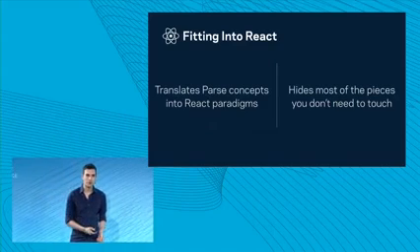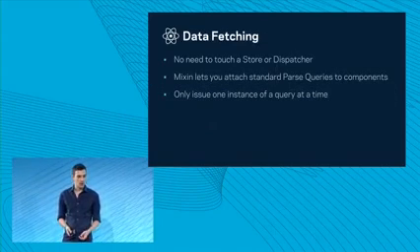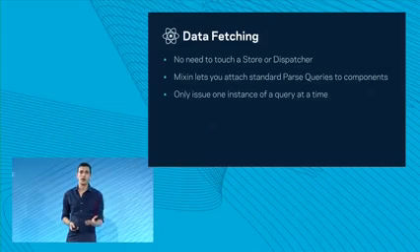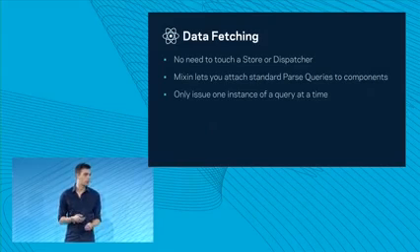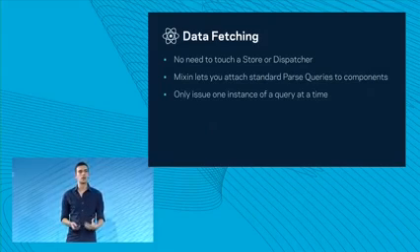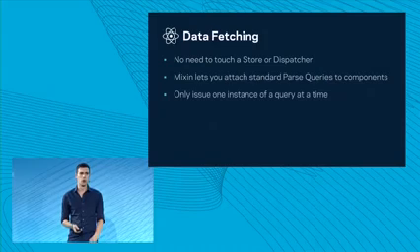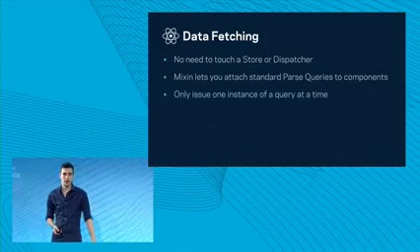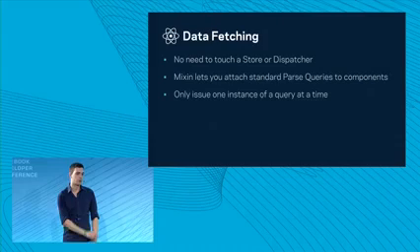So let's dive in further to fetching data. As I said, everything happens at the component level. You attach your query as a part of your component, and therefore you co-locate that data request with the code that's going to use it. There's no need to touch an external object. You don't need to interact with a store object. You don't need to handle callbacks on dispatchers. All of that we handle for you.